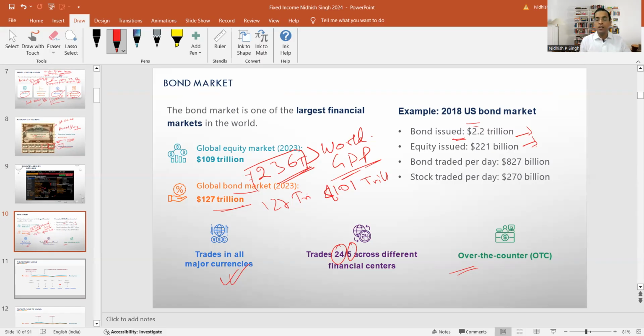Bonds traded per day, on average, were valued at 827 billion, whereas stocks traded per day, changing hands across the exchanges in the US, were $270 billion. That is 2018 data, and it would certainly have gone up by another 15-20% as we talk now.